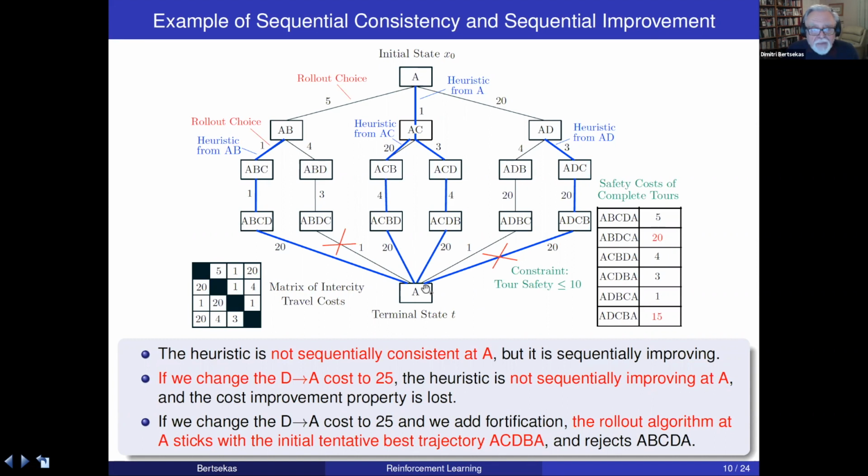Now, there's one more thing. How do I find a base heuristic that generates a feasible trajectory from the beginning? Sometimes this is very hard, but we just skip this question and assume that we have a base heuristic that at least from the initial state can generate a feasible solution. That's part of the assumption for this problem.